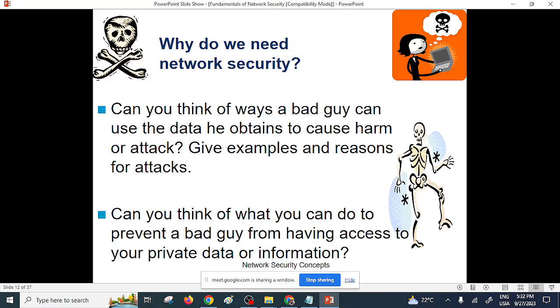So there's a question here that maybe I'll pose. Can you think of other ways a bad guy can use the data he obtains to cause harm or attack? Give examples and reasons for attacks. Based on our earlier diagram, what are some of the ways that the bad guy can cause harm with the data? Anyone? Any example and reasons for attack?